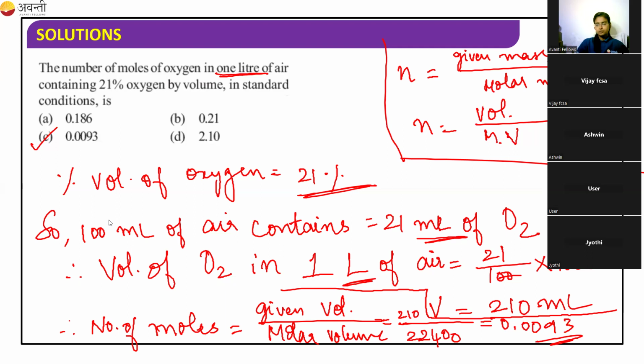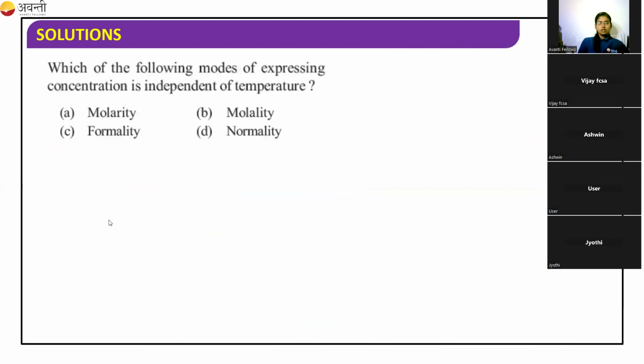Next, coming to the next question. Which of the following modes of expressing concentration is independent of temperature? Normality and formality are also concentration terms, but that is out of our syllabus, so we did not study those.